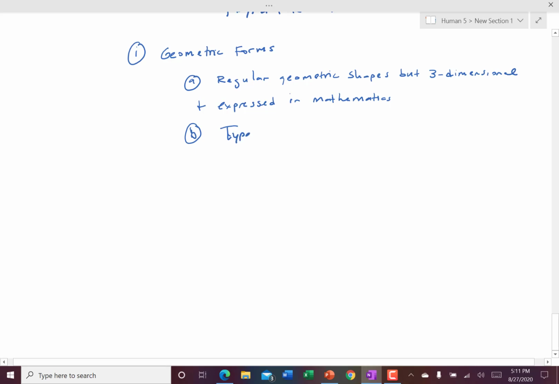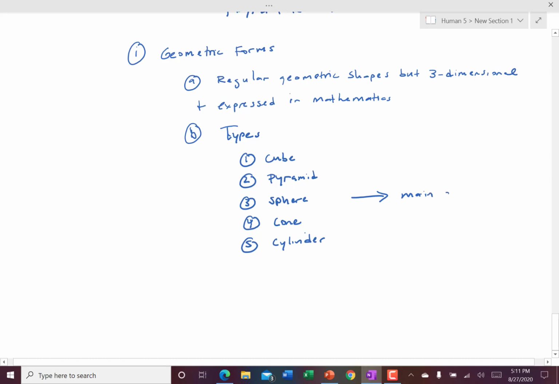Come on, there we go, types. So you can have a cube, a pyramid, a sphere, a cone, and cylinder. These are the main geometric forms.